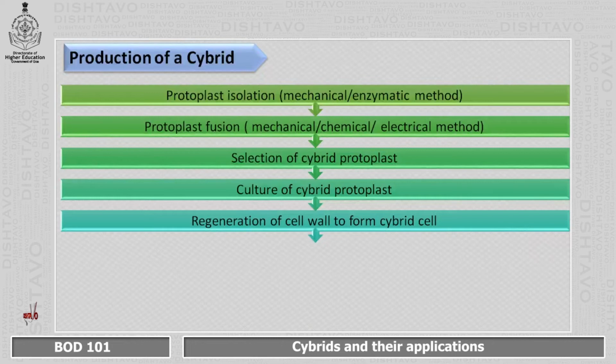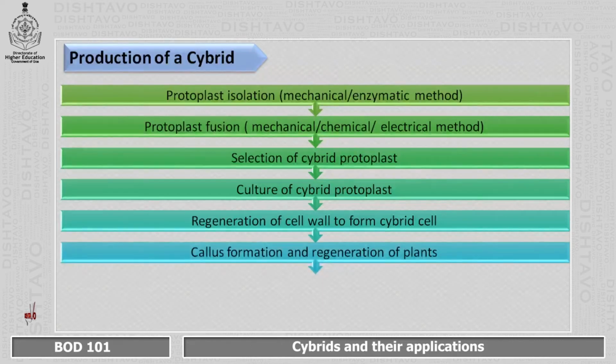Upon development in the suitable culture medium, there will be regeneration of cell wall to form a cybrid cell. So at this point, the protoplast is changing from the protoplast stage to form a cybrid cell. As the development progresses, the cell will multiply to form callus.